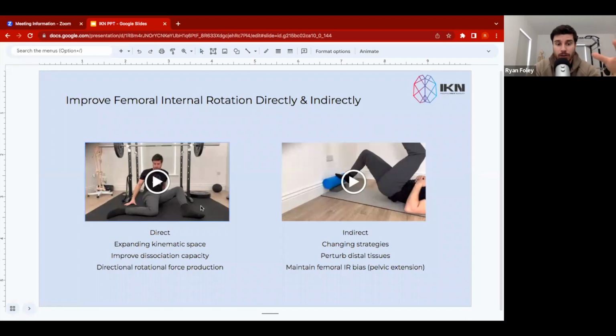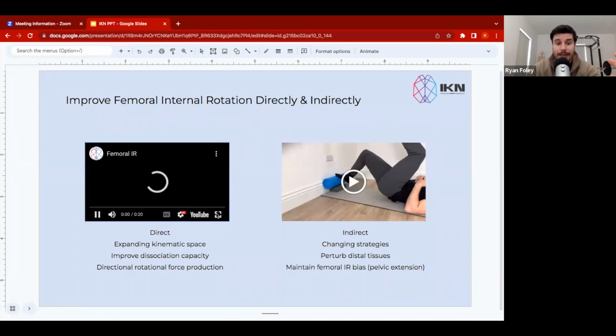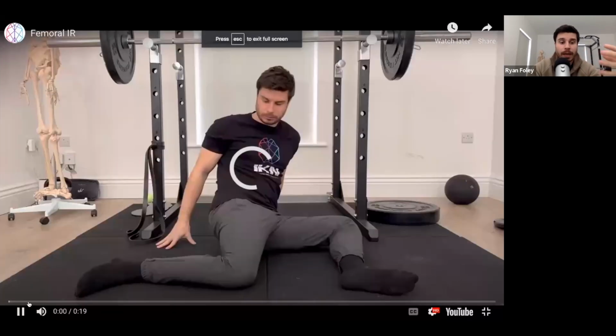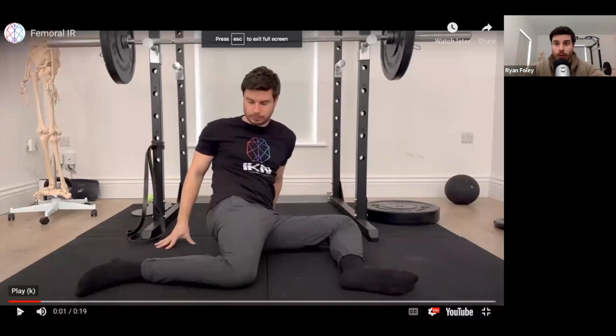Okay, so the direct strategy is mainly looking at restoring the direct segmental rotational capacity of that femur. Oftentimes you see people talking about strategies to restore femoral internal rotation, and it doesn't actually look like the femur is in an internally rotated position, but they're biasing neighboring segments in different directions to restore relative femoral internal rotation.